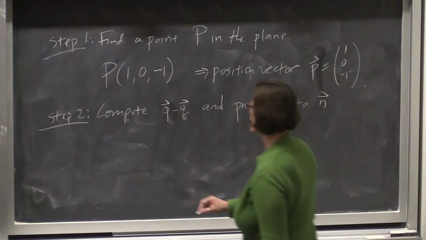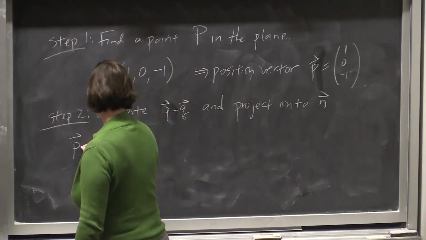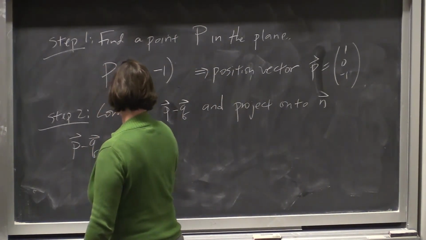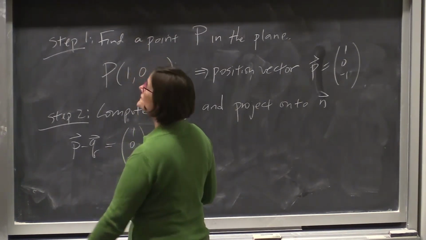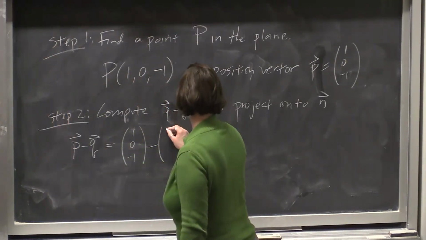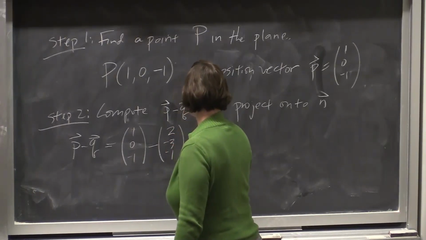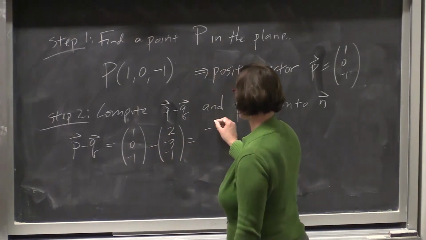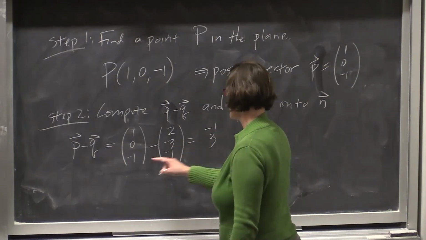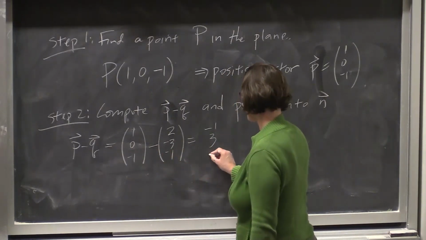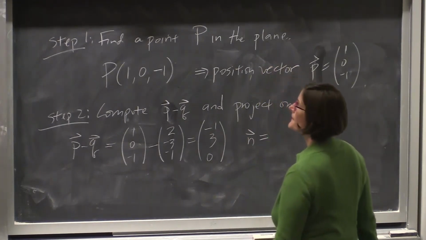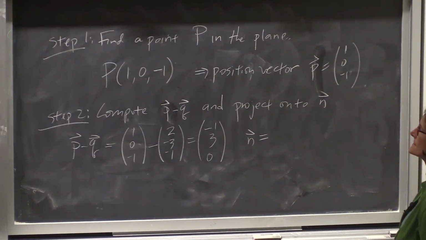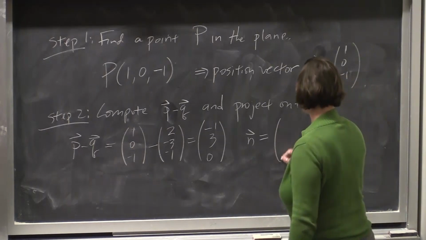So P minus Q is (1, 0, -1) minus (2, -3, 1). 1 minus 2 is -1, 0 minus -3 is 3, -1 minus 1 is -2. What is the normal vector for the plane? 2, -3, -5.